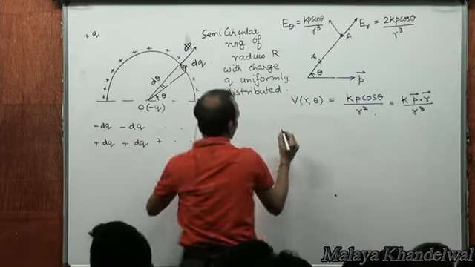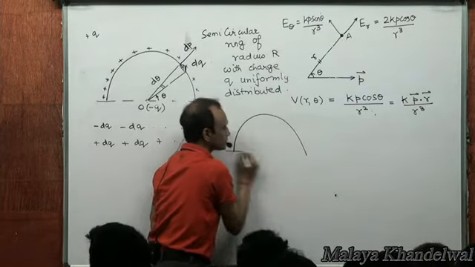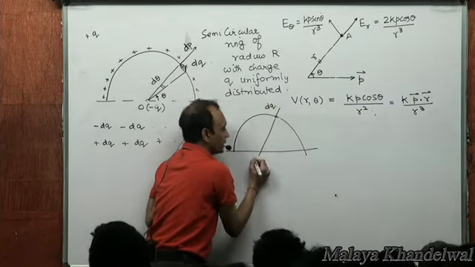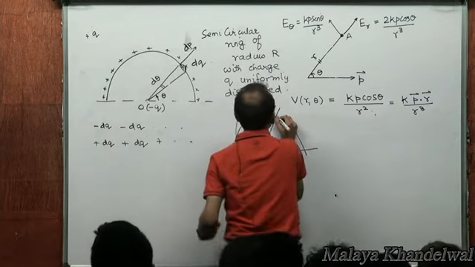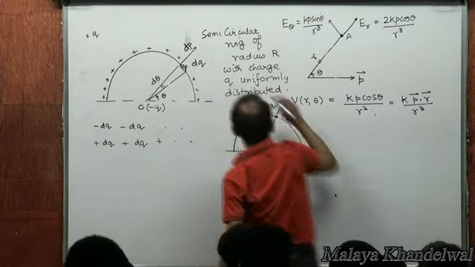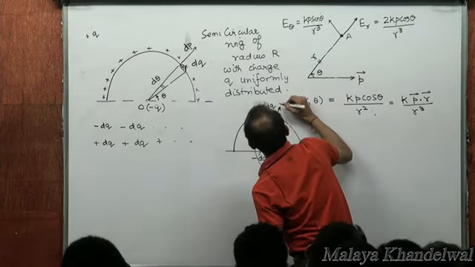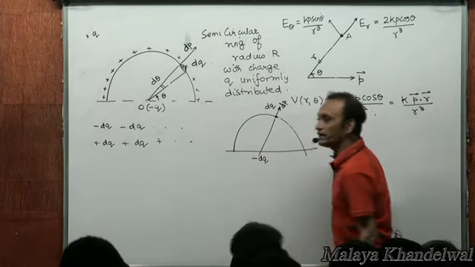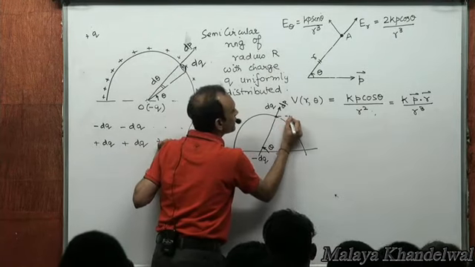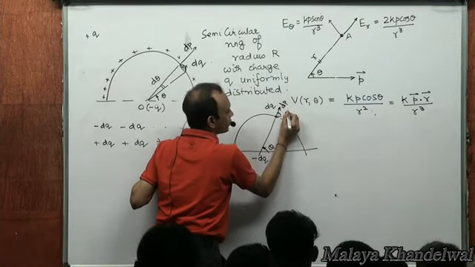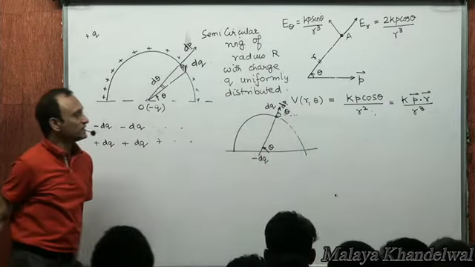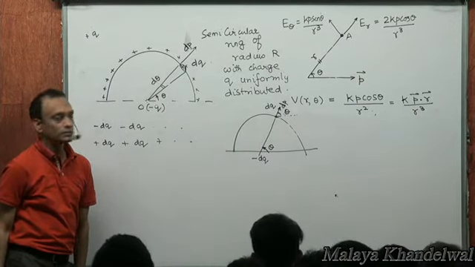I look at a plus dq here and a minus dq here, right? Together they will produce a dipole moment vector dp. If this angle is theta, then this dp will also make an angle theta with the horizontal, right?